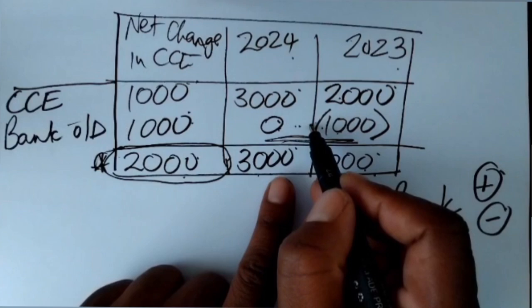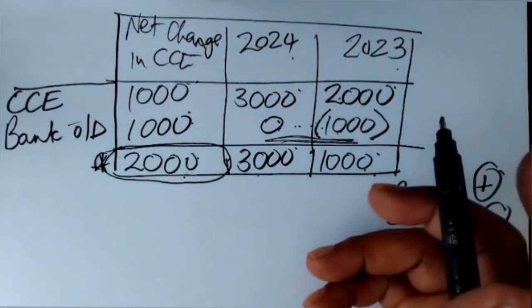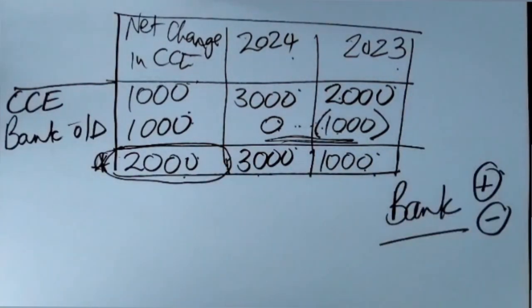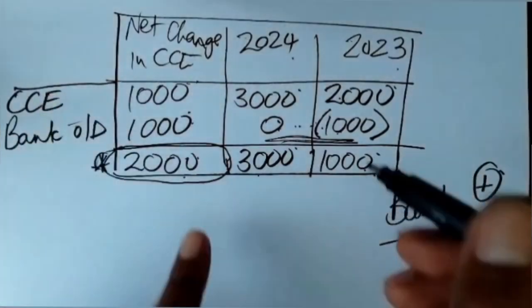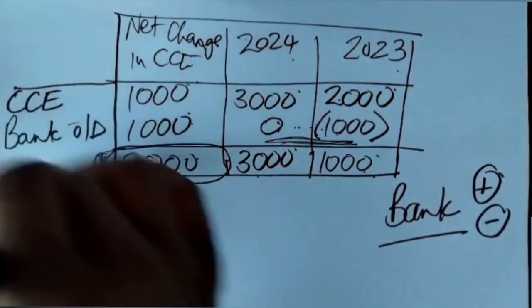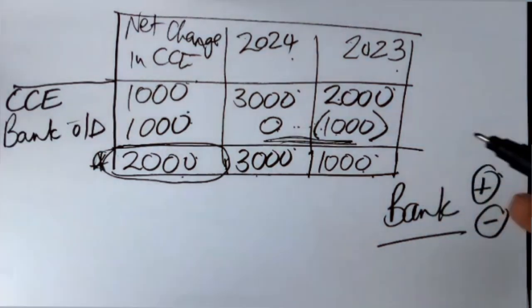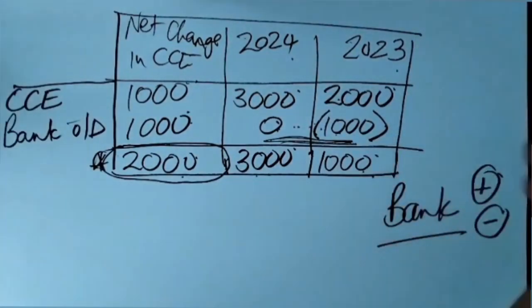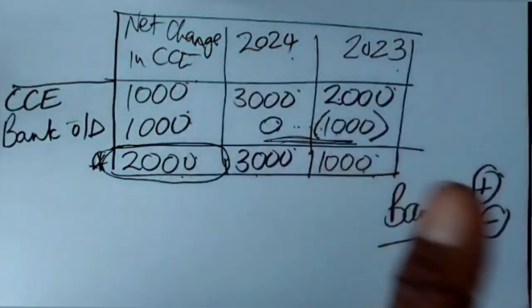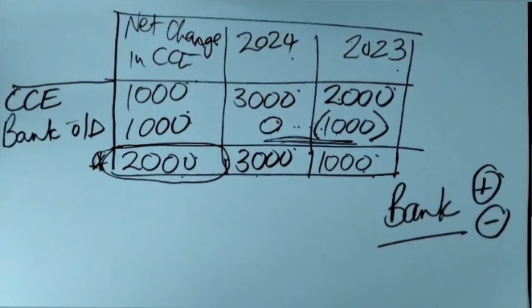If you don't put a double minus, your answer is going to be incorrect. They want to see if you're able to handle including the bank overdraft in your cash and cash equivalents. You'll also understand this better when you look at the videos that have calculations. This is just a theory. Thank you.